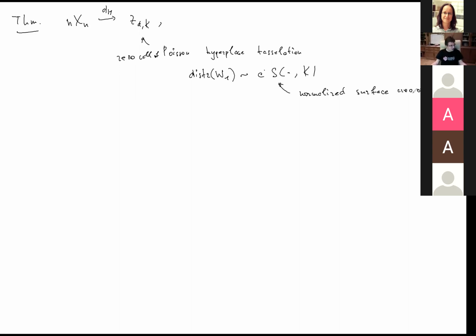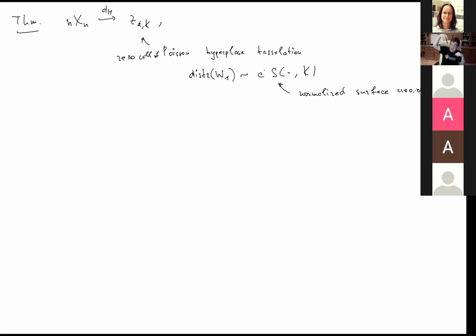So it's self-explaining what it is, right? You take an arbitrary subset of a unit sphere, right? So you take rays from the origin passing through this small set.